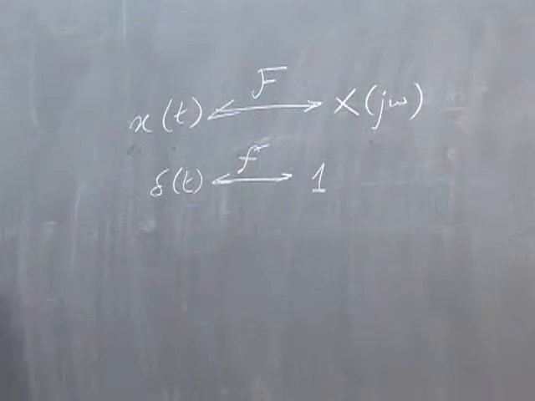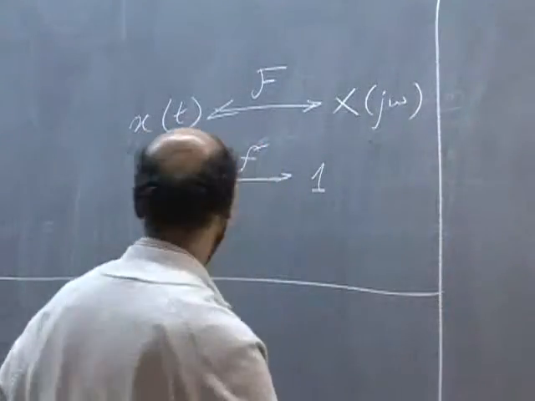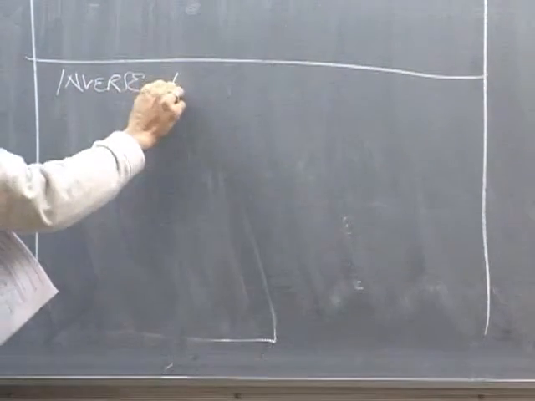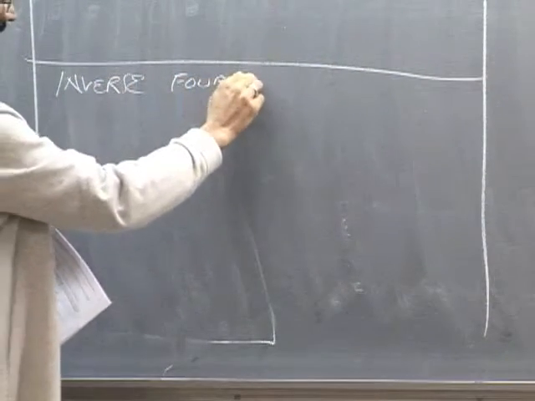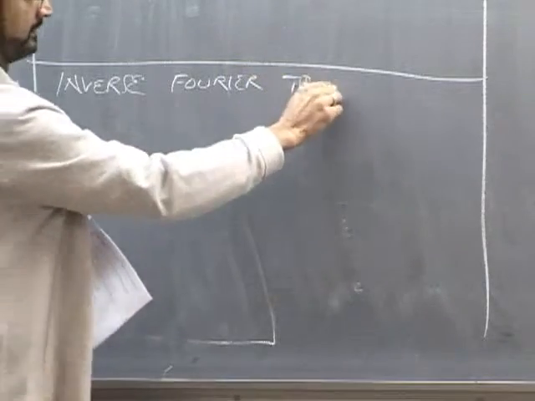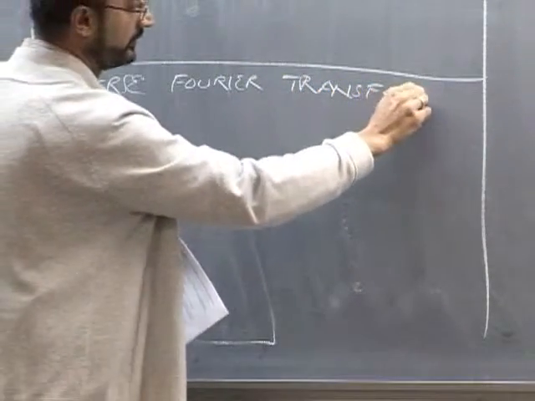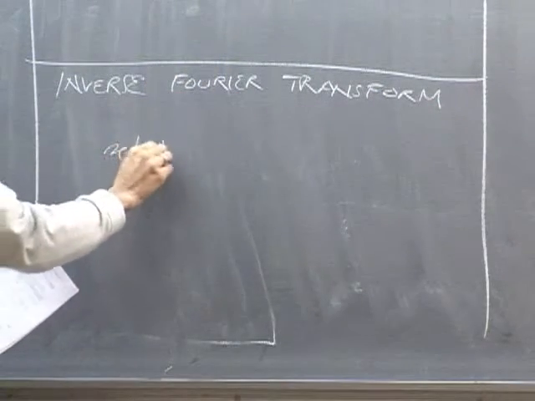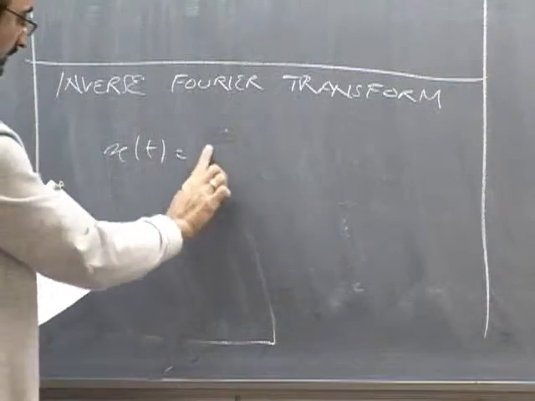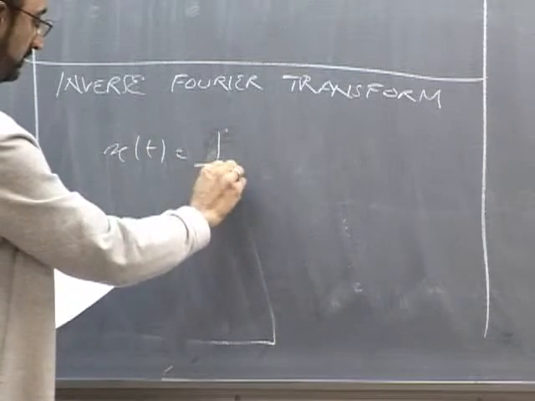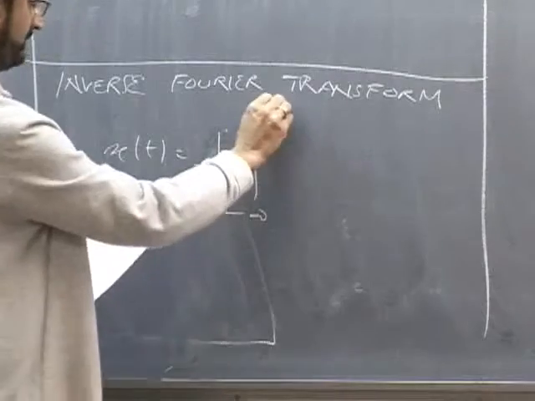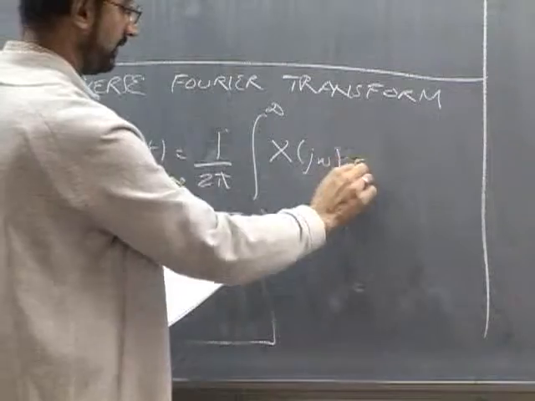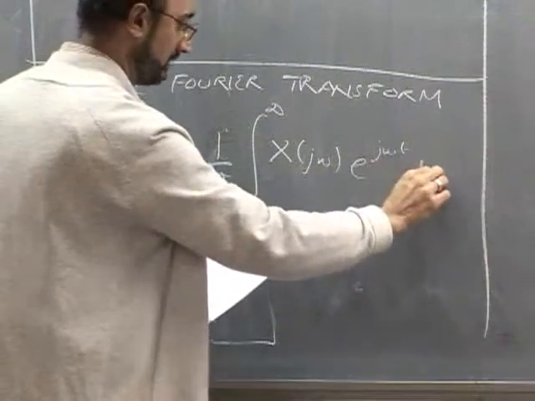So the next thing I want to define is the inverse Fourier transform. What we want to do here is go from right to left, and we define that as x(t) equals 1 over 2π, integral from minus infinity to infinity of X(jω) e^(jωt) dω.